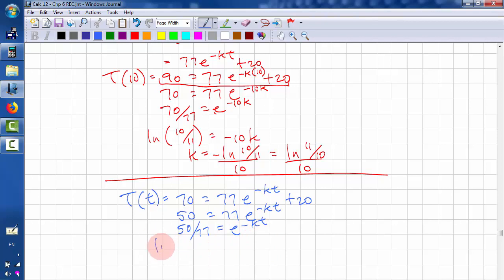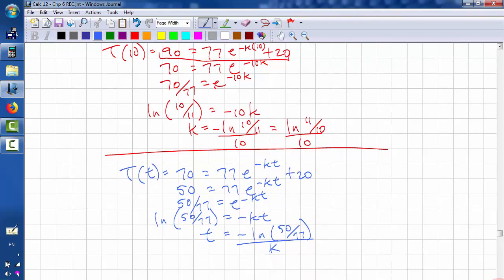Take the ln of both sides. Minus kt. T equals minus ln(50/77), and k goes in the denominator. Now we can go ahead and substitute. Again, I'm going to get rid of the negative sign.